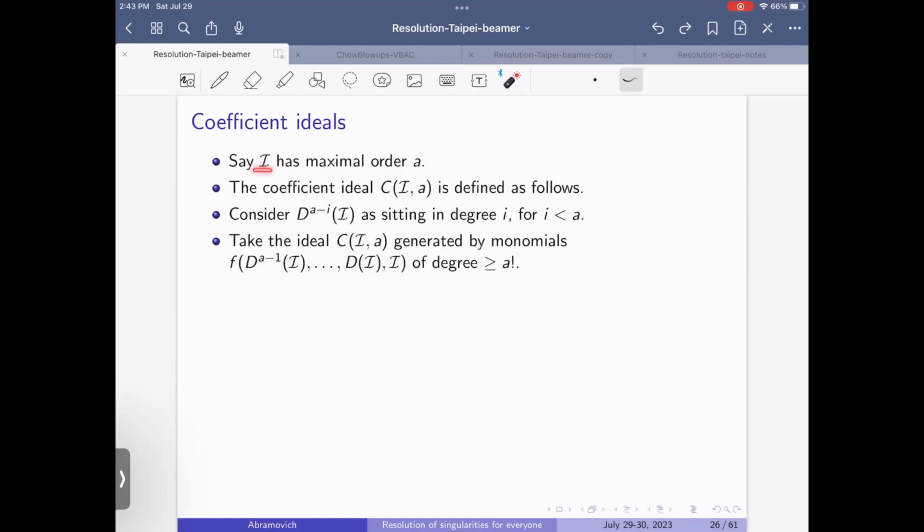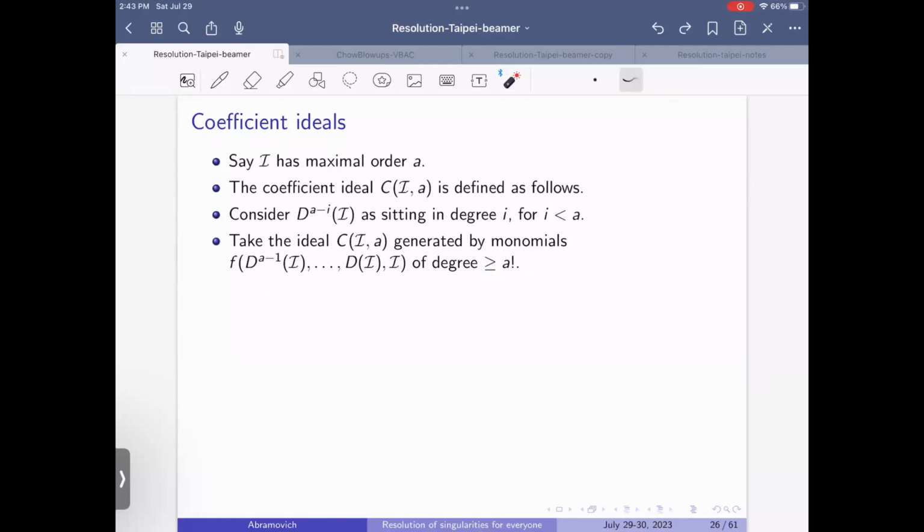Suppose I has maximal order A. The coefficient ideal is defined as follows. You take all the relevant derivative ideals. If you take the A-th derivative ideal, you get a unit, so beyond that it's not interesting. So take the first, the second, until the A minus first derivative. And then you take all possible monomials in these and put them together, where the weight of the monomial is at least A factorial.